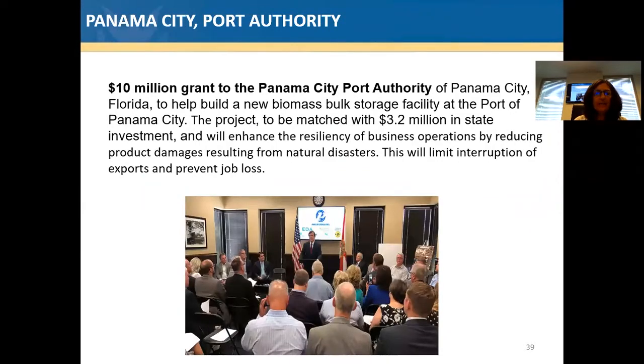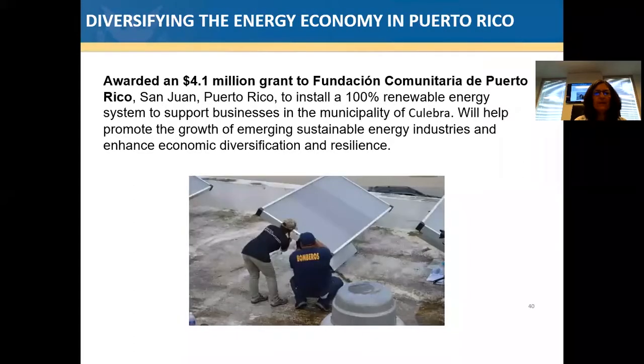One to the Panama City Port Authority, which will help resiliency of business operations by reducing product damages resulting from natural disasters, and that's in Florida from the aftermath of Hurricane Irma. I want to highlight this award that will help the municipality of Culebra with a renewable energy project. It will promote the growth of emerging sustainable energy industries and their energy resilience and diversification.